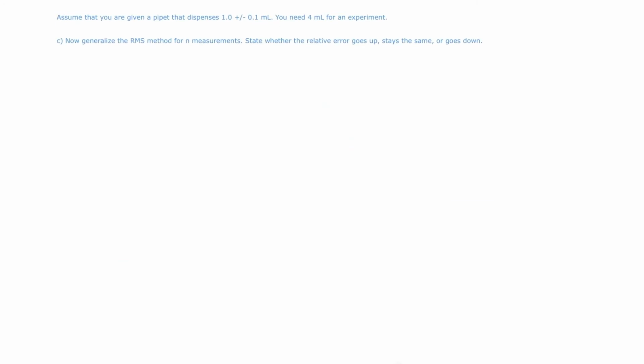Part C. Now generalize the RMS method for n measurements. State whether the relative error goes up, stays the same, or goes down. So let's start by writing down our answers for the uncertainty in our measurements for part A and B. So in part A, we found that we had 4.0 plus or minus our uncertainty of 0.4 milliliters.